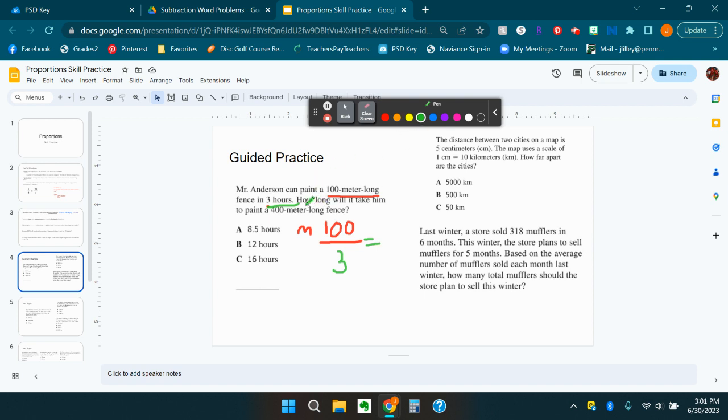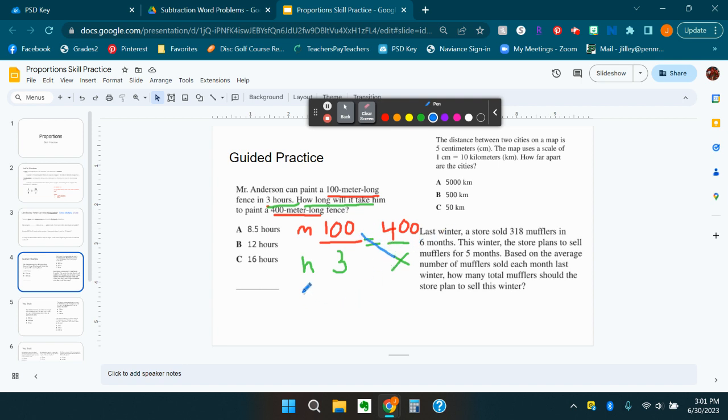Then it says, how long will it take him? So this time I don't know the length of time, so that's where my variable's going to go. How long will it take him to paint a 400-meter long fence? So notice I'm keeping meters on top for both fractions, the hours, the amount of time on the bottom for both fractions, and then I can cross multiply and divide.